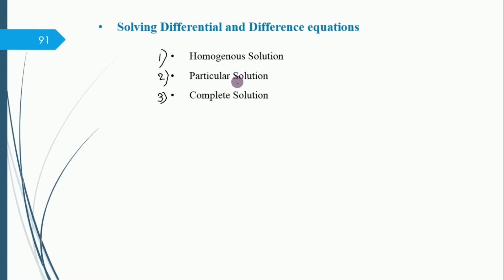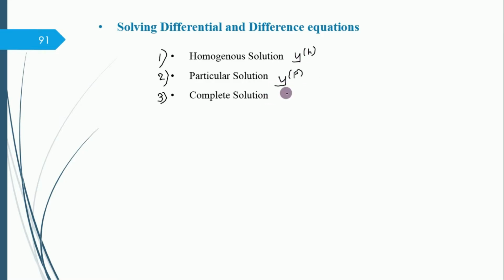complete solution. So here, the output of the system described by a difference or differential equation may be expressed as the sum of these two components. For example, if I represent this as y superscript h, as this is the homogeneous solution denotation, and for the particular solution y superscript enclosed in braces p.